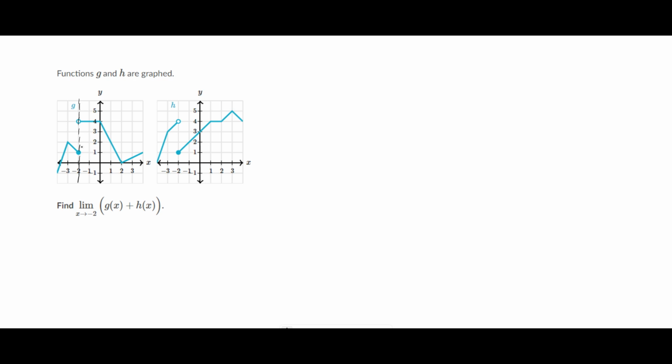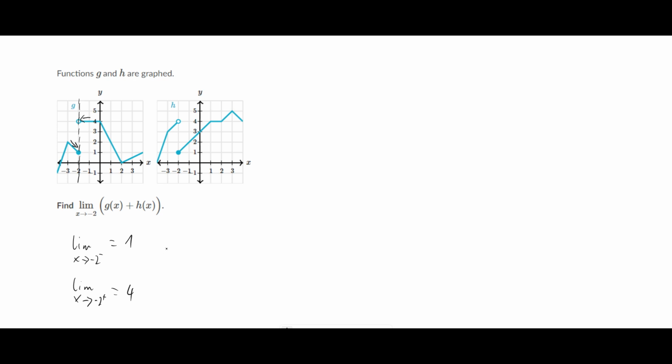We need to check borders from both sides. So now I will write limit of g as x approaches minus 2 from the left side. It is value 1. And from the right side, it's value 4 this time.